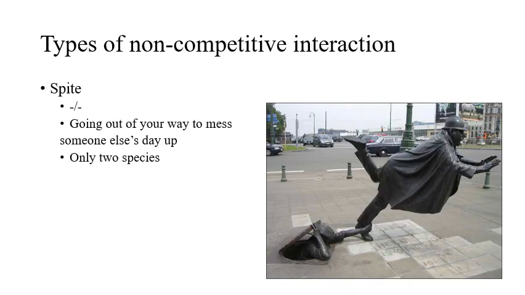Spite is something that's almost always left out of textbooks because it's really not a biological phenomenon, it's a human phenomenon. Basically, it's going out of your way to mess up someone else's day. So it's expending energy and effort to cause harm to someone else, right? And it's basically only found in humans, and they were able to replicate it in primates in one very specific study.